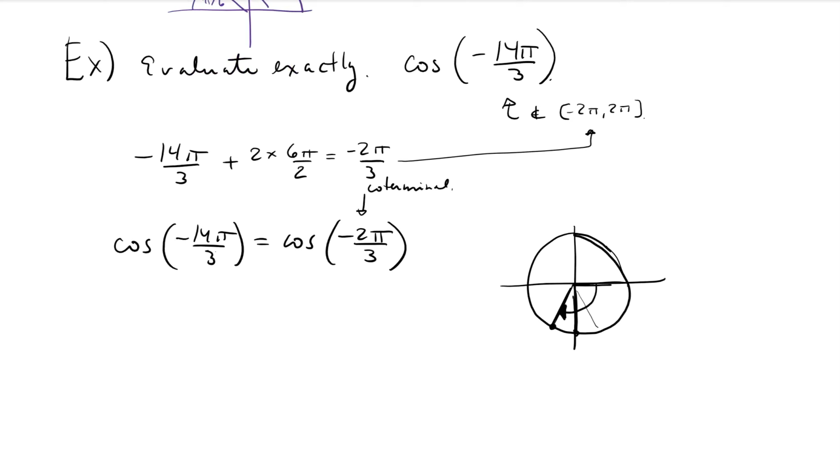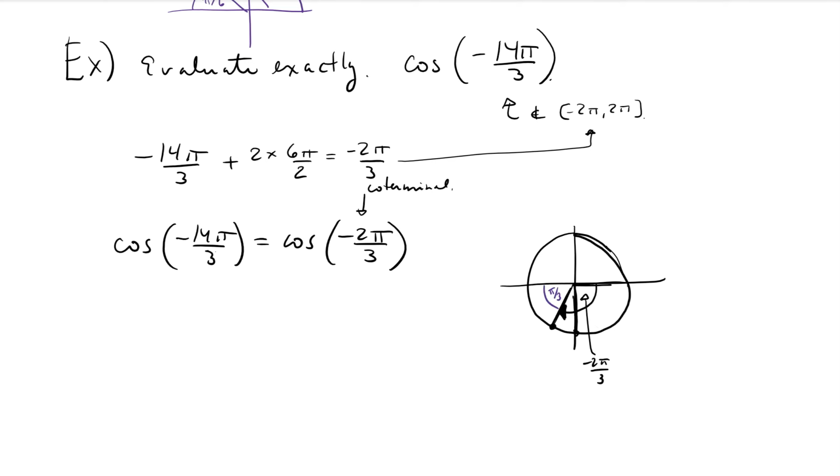Pi over 3 is 60 degrees, so minus 2 pi over 3 is minus 120 degrees. This angle is minus 2 pi over 3. The reference angle is here. That's the reference angle, and it is therefore pi over 3.